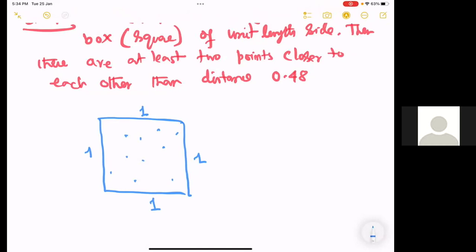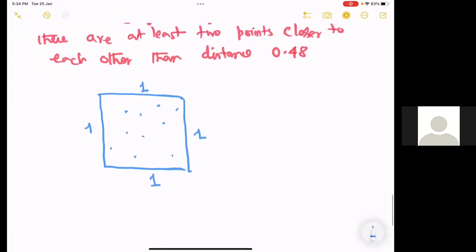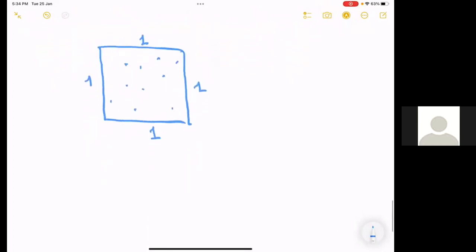Okay. Right. So this is a problem of slightly different taste, right? This is like geometry, you are talking about distance, and you have to connect it to PHP.